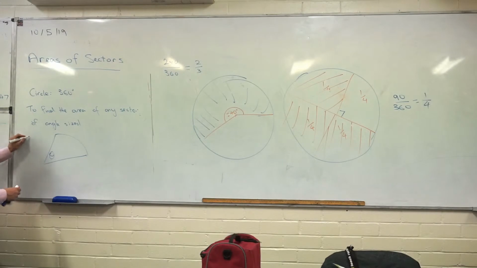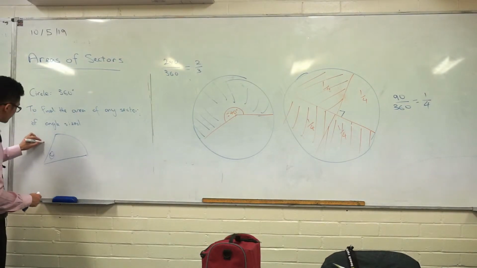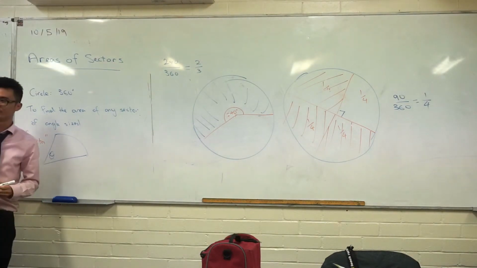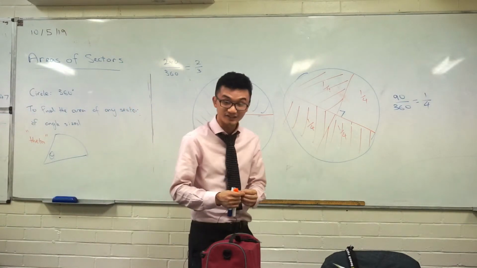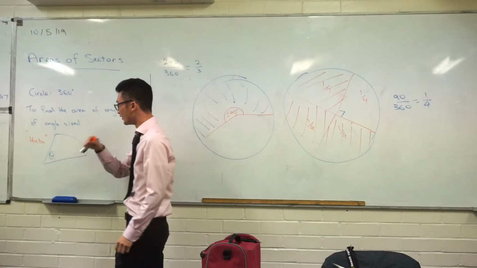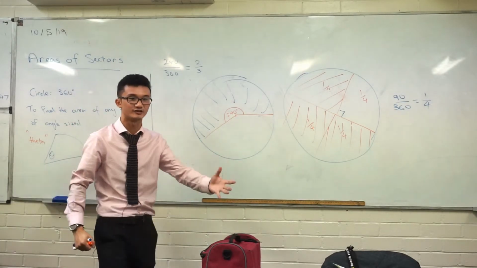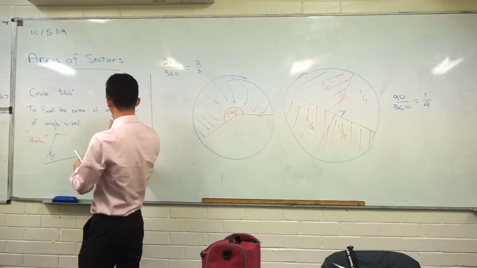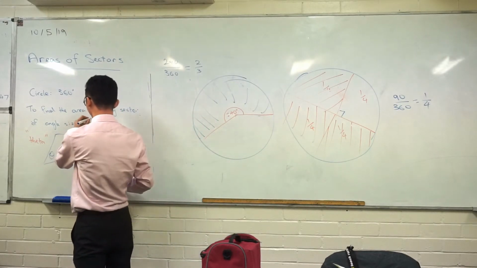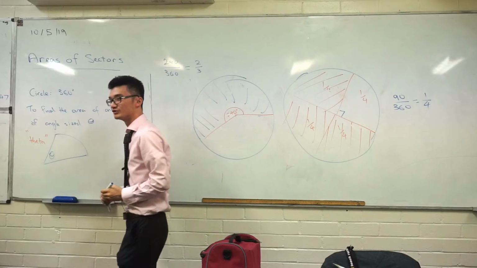This is pronounced theta. And it's a Greek letter. You might have seen that before in some places, right? Theta, yeah. It's called theta, and we use it specifically for unknown angles. Just like we use X for unknown numbers, we use this for unknown angles. So, to find the area of any sector of any angle size theta, what we need to do is this, right?